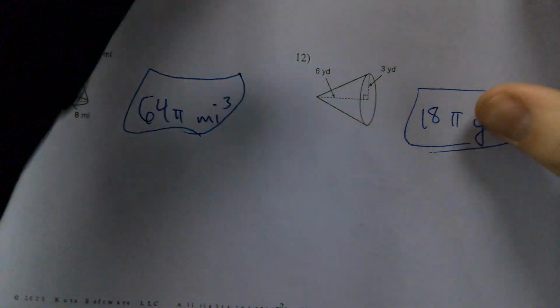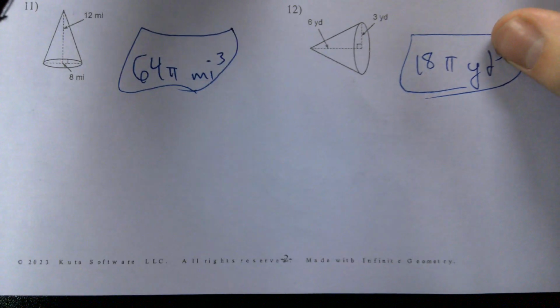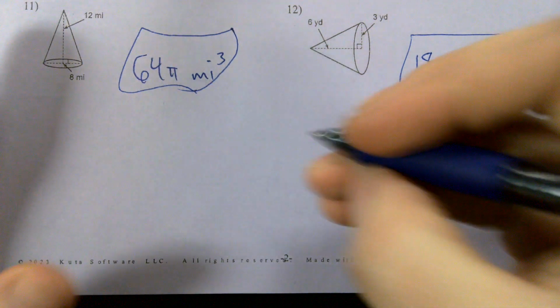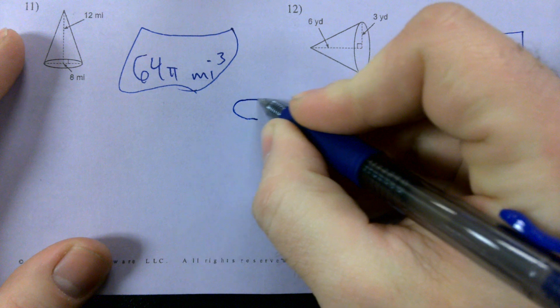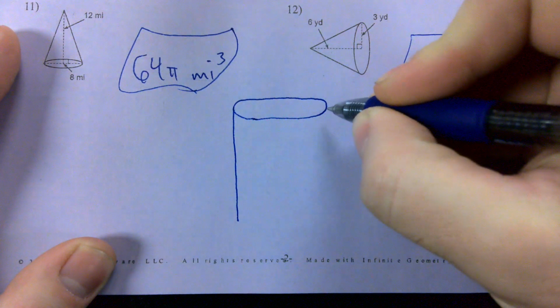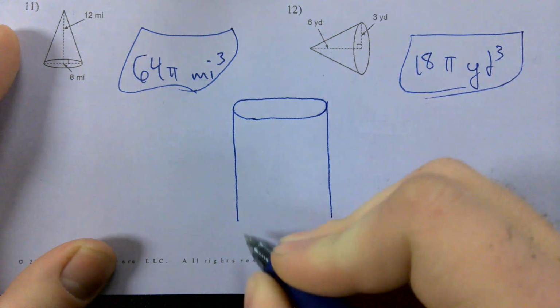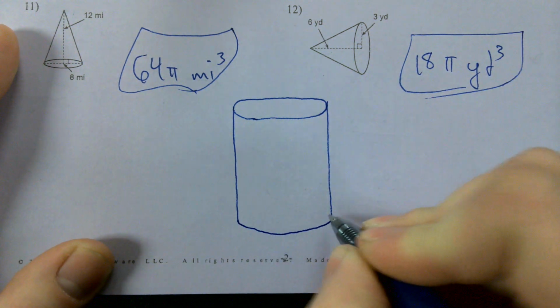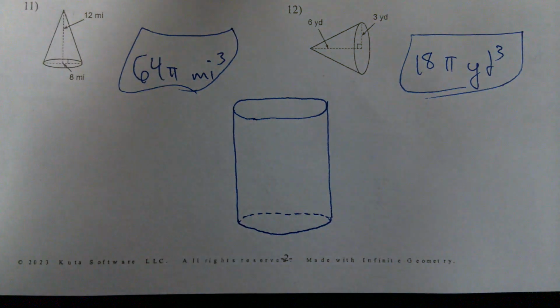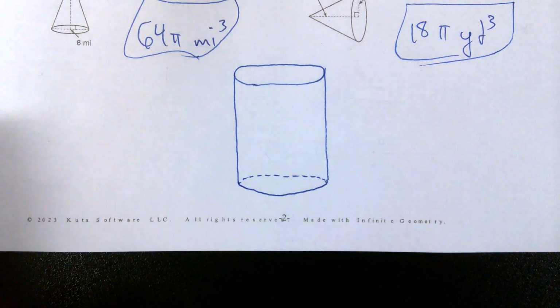So yesterday we talked about how a cone is 1/3 the volume of a cylinder with the same height and radius. Let me show you what that looks like as a diagram. If we have a nice cylinder here, there's my base in the back. So here's our cylinder.